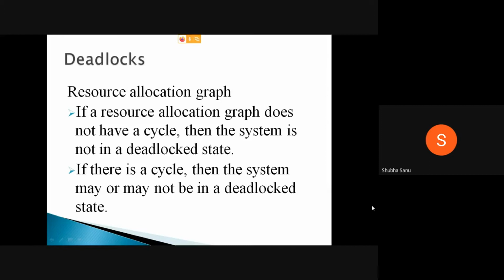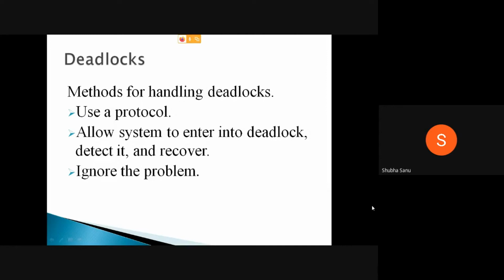If there is a cycle, then the system may or may not be in a deadlocked state. So you have to draw a resource allocation graph. We know what is resource allocation graph. You might have learned this. And by seeing the graph, if there is a cycle, then the system may or may not be in a deadlocked state.